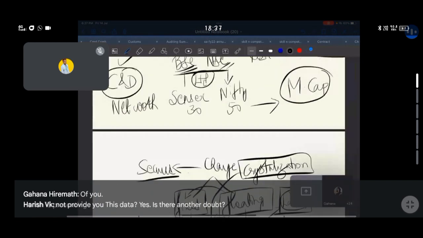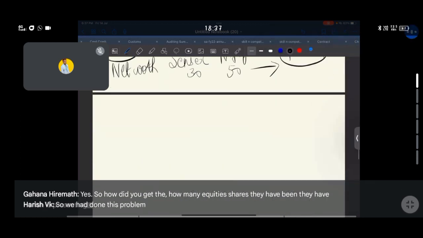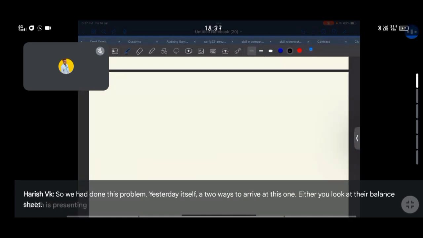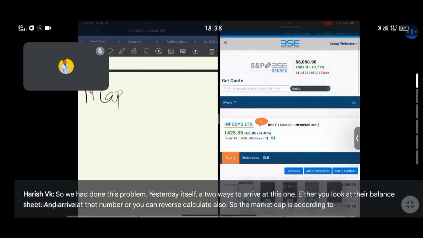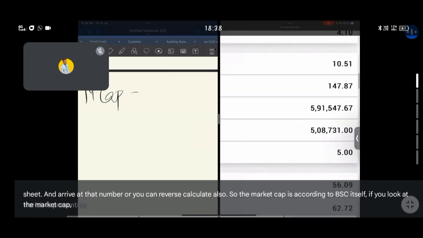Is there another doubt? Yes, how did you get how many equity shares they have? So we had done this problem yesterday itself. There are 2 ways to arrive at this. One, either you look at their balance sheet and arrive at that number, or you can reverse calculate also. So if the market cap, according to BSE itself, is 591,547 crores, okay, so what is the formula for MCAP?